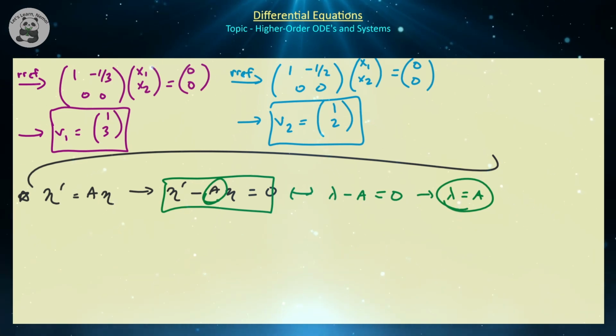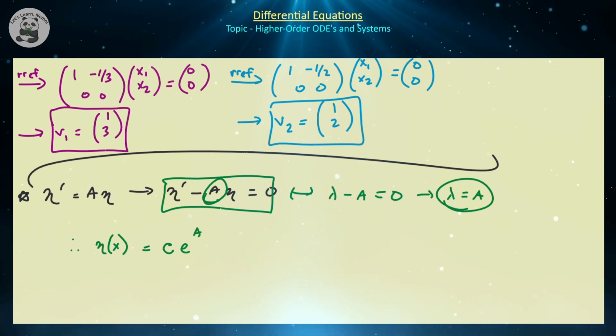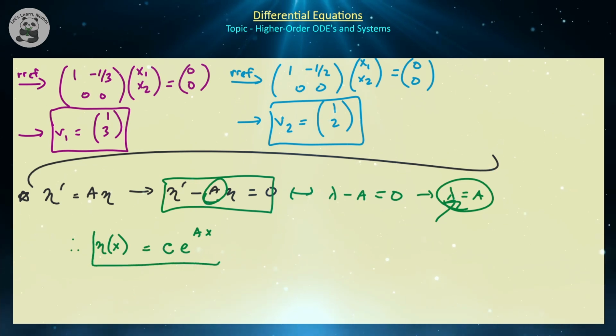So if we use the same exact idea that we had before, that means eta of x, where eta is technically a vector in this case, is going to be equal to some constant times e to the ax, where a is that particular value, but in this case technically a matrix of coefficients as well.